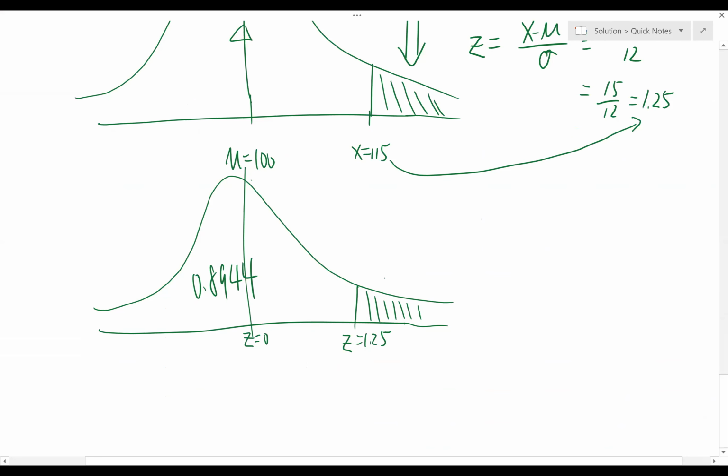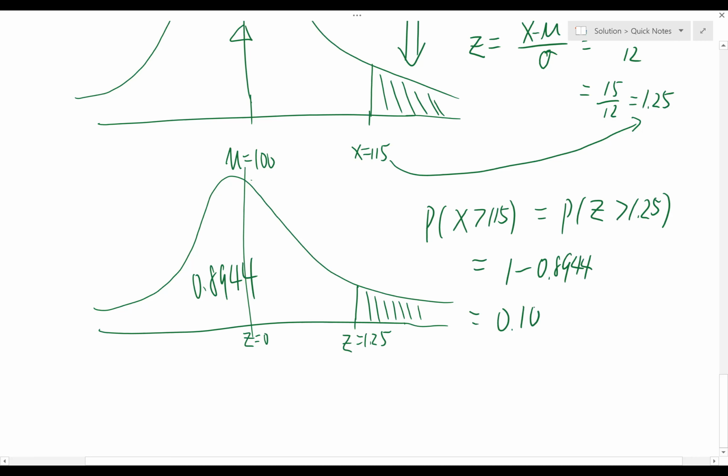Now let's go back. The area to the right-hand side, the probability for an IQ score greater than 115, is the same as the probability for a z-score greater than 1.25, and that will be 1 minus 0.8944. This turns out to be 0.1056. So that means in the general public, for the entire population, 10.56% of the adults have an IQ score above 115.